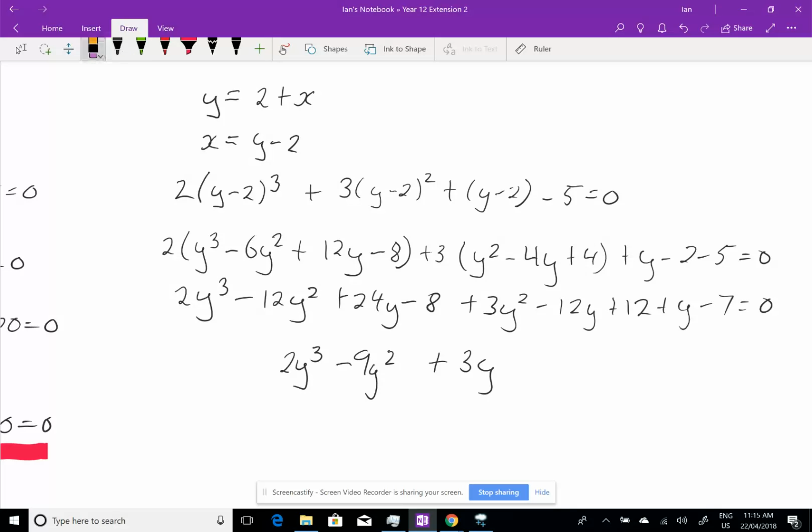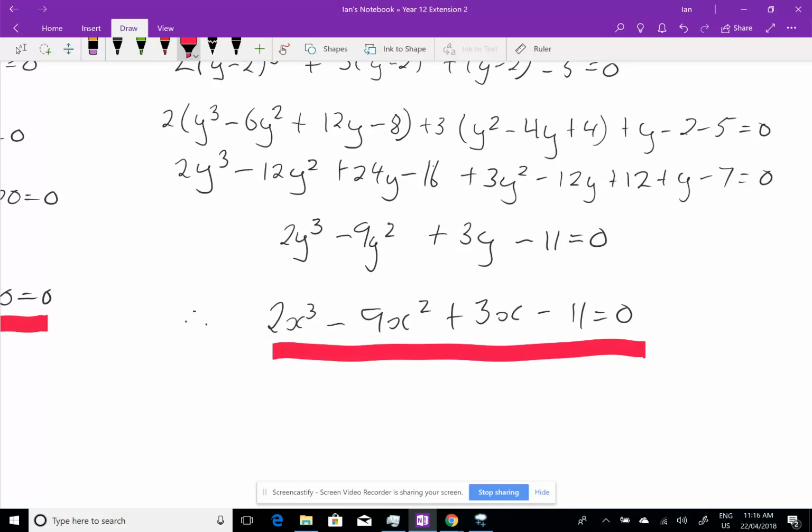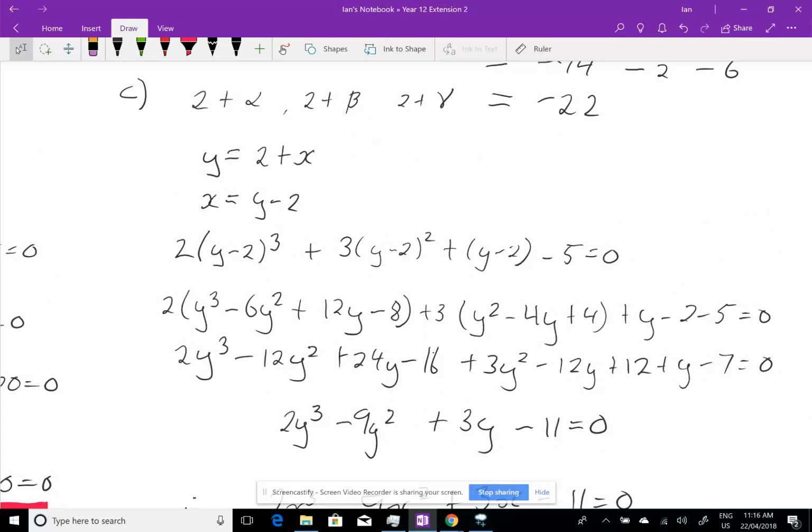That's 2 8s, that's 16. So minus 16 plus 12, yeah, minus 4. And of course, then we rewrite it in terms of x. Therefore, the required equation will be 2x cubed minus 9x squared plus 13x minus 4 equals 0. And that's the equation where the roots are plus 2.